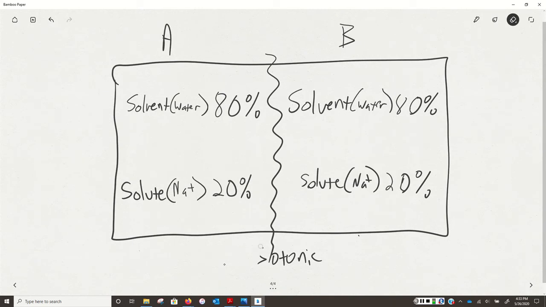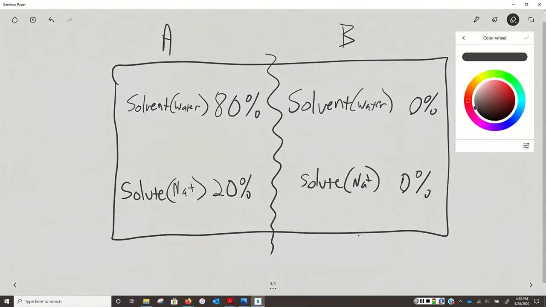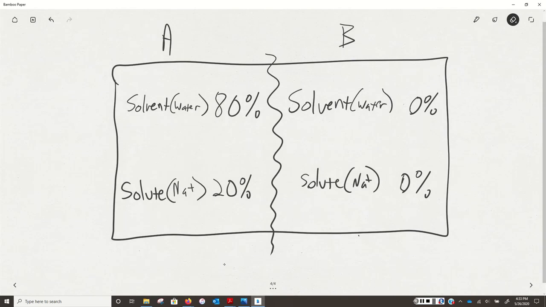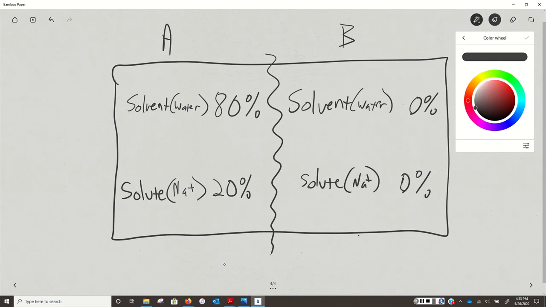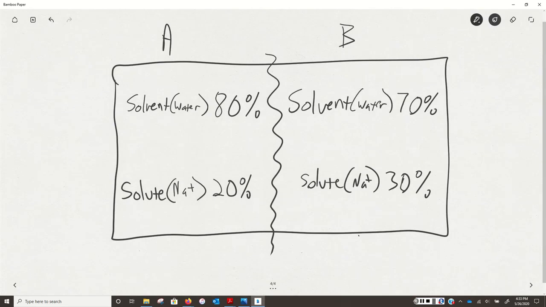But let's go back now and see why all this is important in the first place. Let's reapply our numbers. So A, again, was hypotonic to B, and B was hypertonic to A. Now, why is this important?